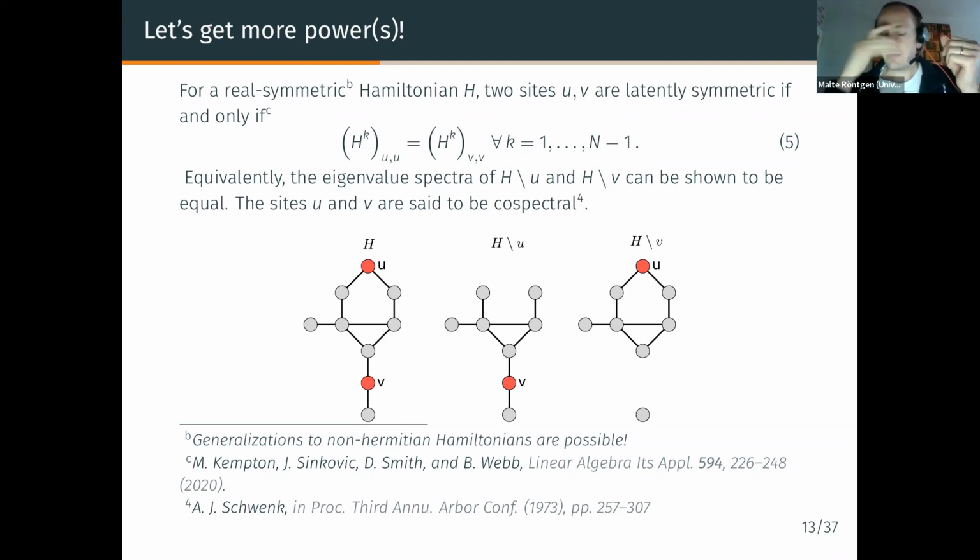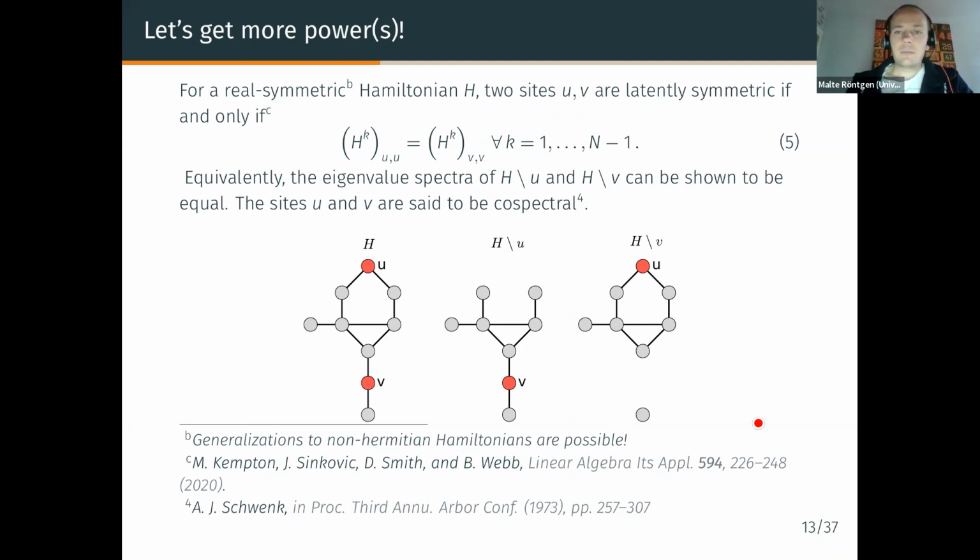And then this was not really settled until Schwenk made this very nice paper in 1973, and he showed, first of all, yes, it can well be that there are cospectral graphs. And second, if you investigate a certain fraction or a certain subclass of graphs, almost all graphs are cospectral to each other. So this was a very groundbreaking paper in 1973 in graph theory.